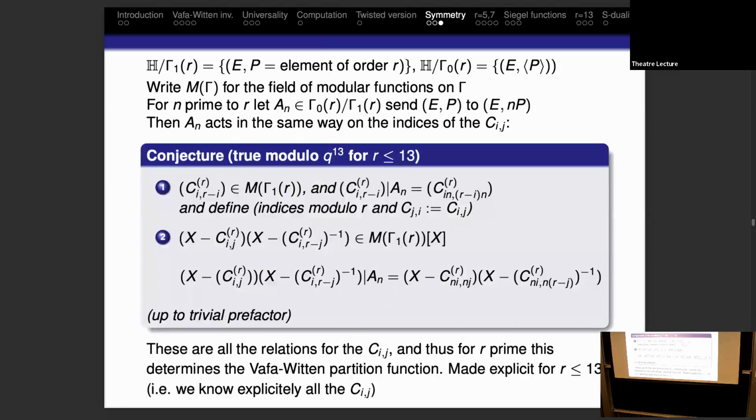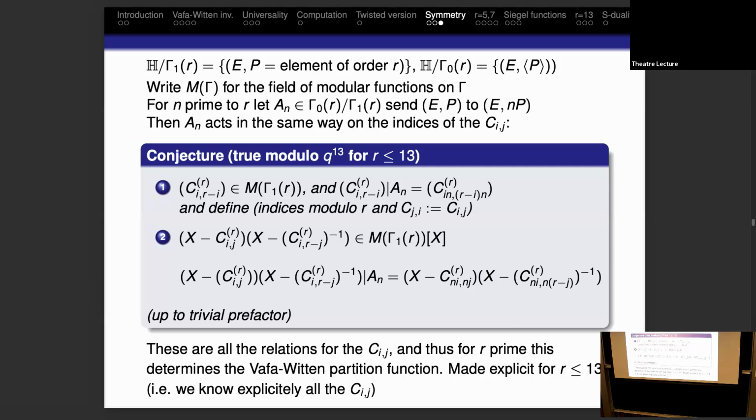So this is the conjecture which I checked, as far as I could compute. So we have that. It's not precisely true when I say that... the first one is true, but anyway, let me just say it like this, although I'm lying ever so slightly. If we have i and R minus i, so C_ij with i plus j equal to R, then this thing itself will be a modular form on gamma 1(R).